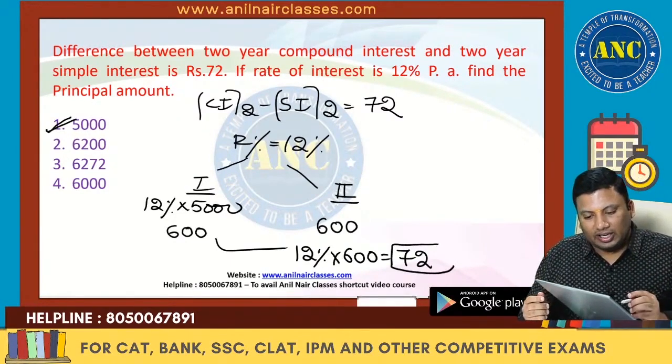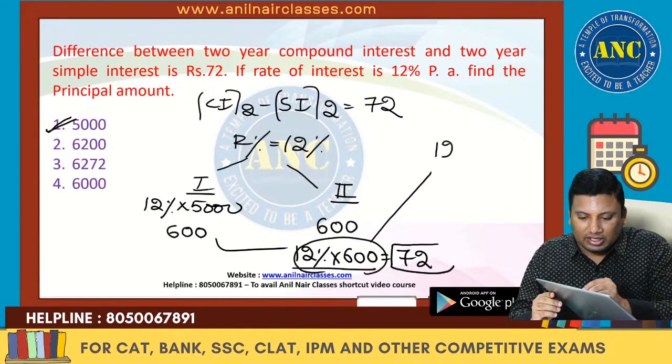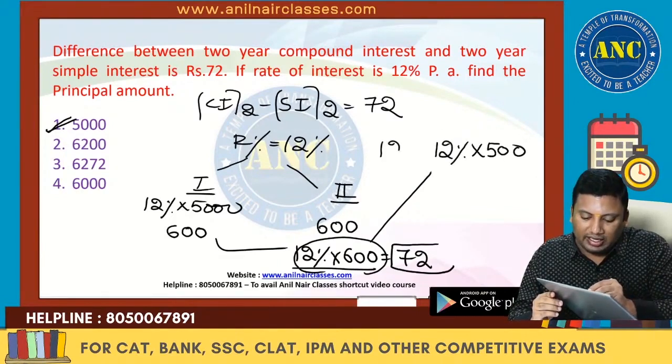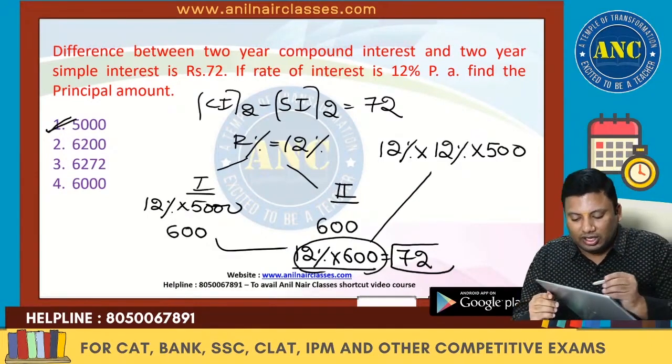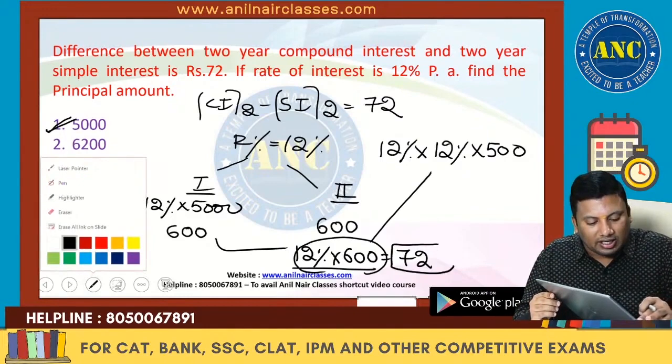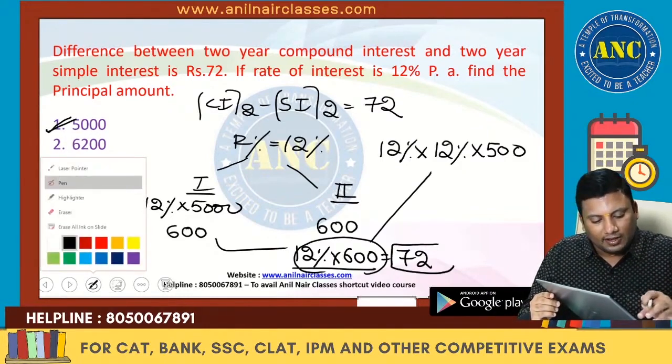Now if you see here, what is this 12% of 600? It is nothing but 12% of 5,000 and 12% of that. Very easy.